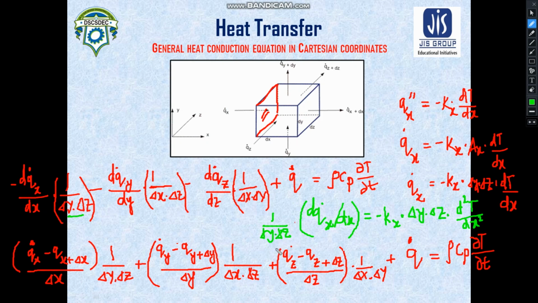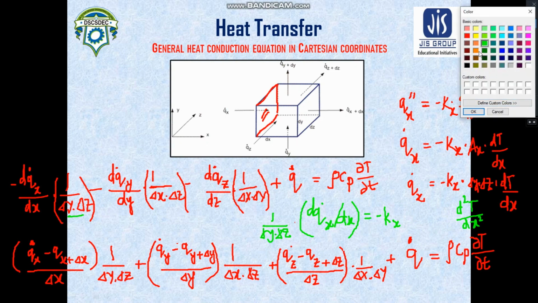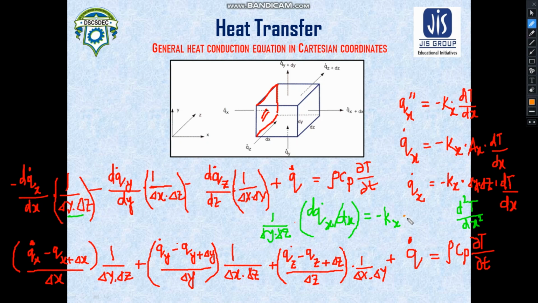Then you can understand that these are alike terms, so we get rid of these terms, and ultimately the value which you get from this operation is nothing but kx into d2T/dx2.